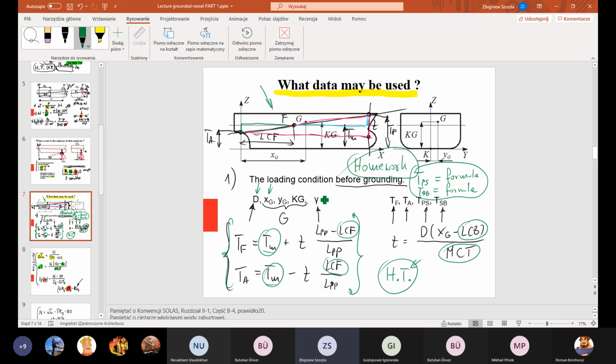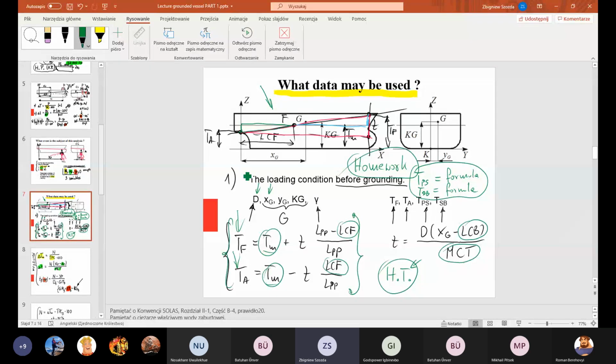Homework to refresh, to remind how to calculate drafts in terms of fore, aft, port side and starboard side if the loading condition is known. It was the topic in December, if I remember correctly. Probably in December we started these problems.